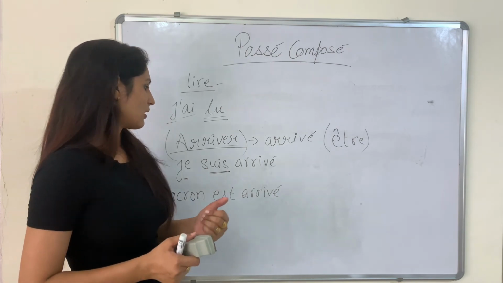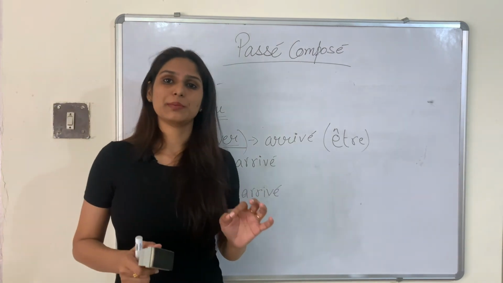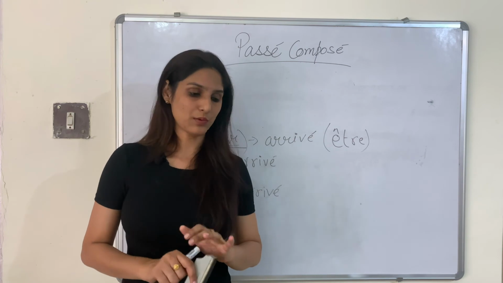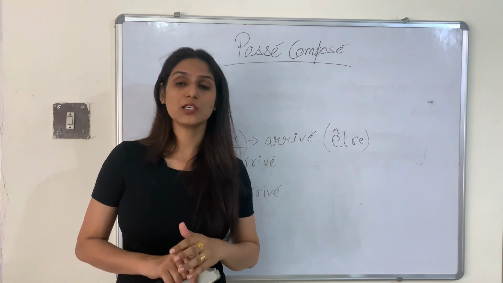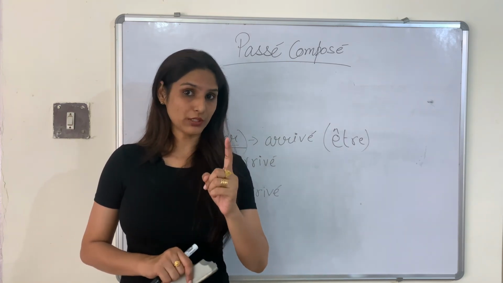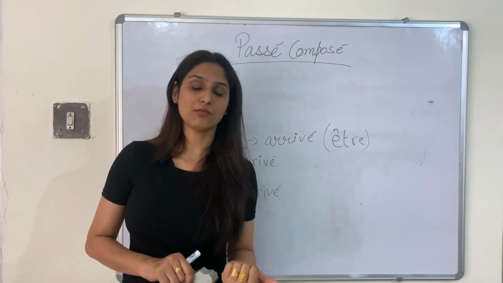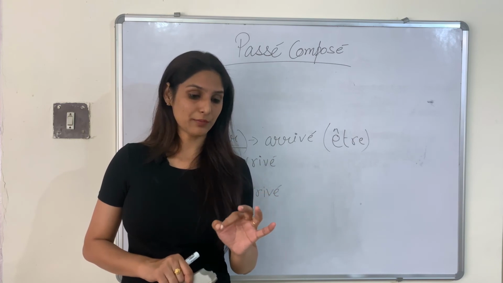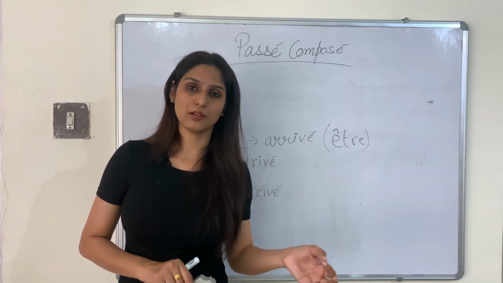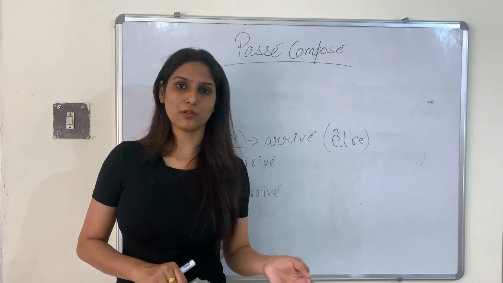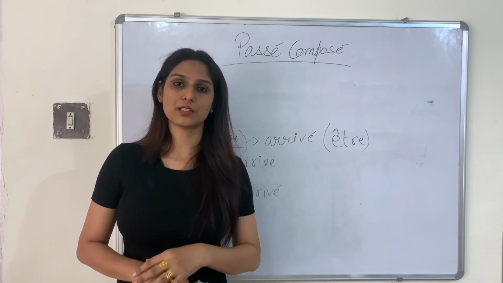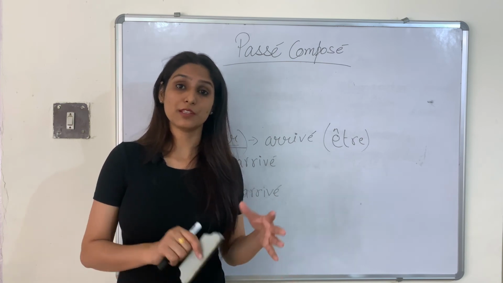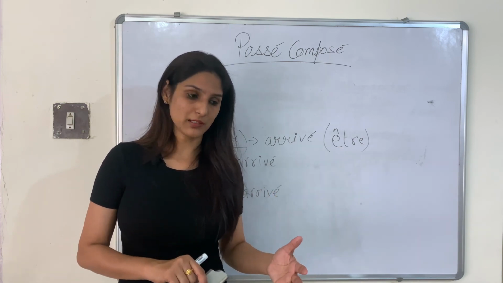Now, remember, there are approximately 24 verbs in passé composé which actually use both être and avoir. But the meaning, when we slip from one point to the other, like from être to avoir, when you're using être for the first time, the meaning is something else, and when you're using avoir for the second time with the same verb, then the meaning is something else.